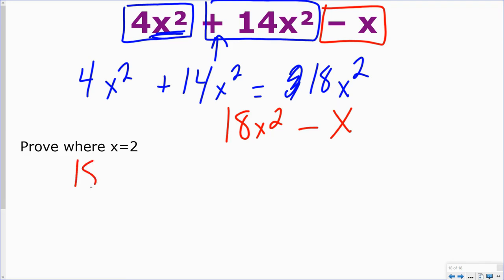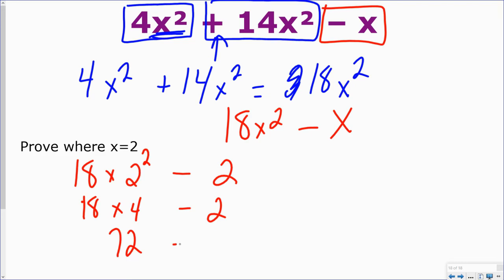So I would have 18 multiplied by 2 squared minus 2. So this would give me 18 multiplied by 4 minus 2. 18 multiplied by 4 gives me a total of 72 minus 2. And that then would equal 70.